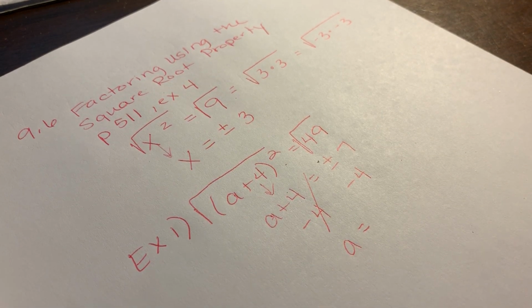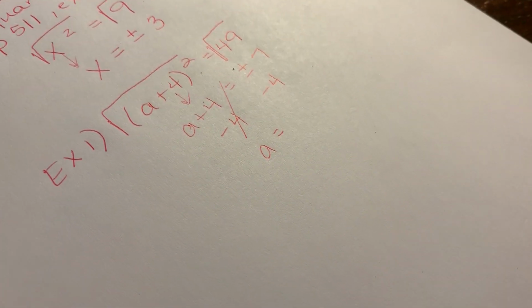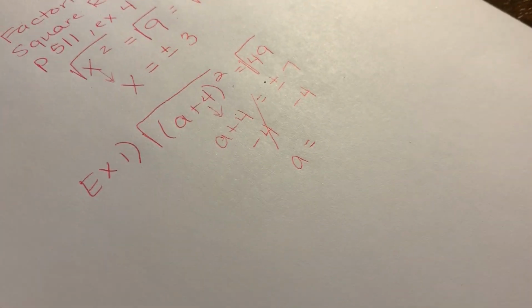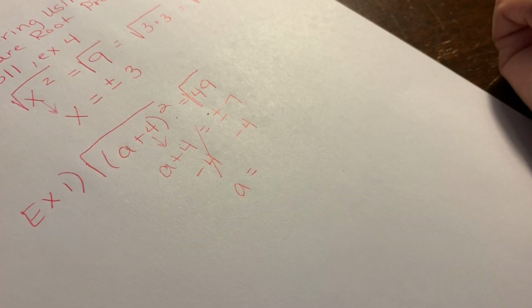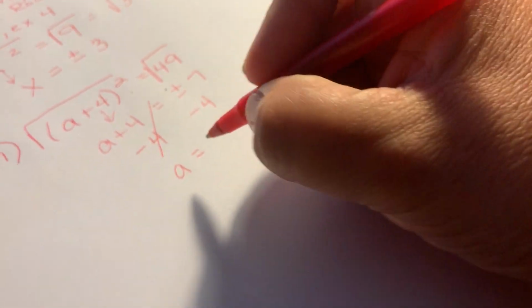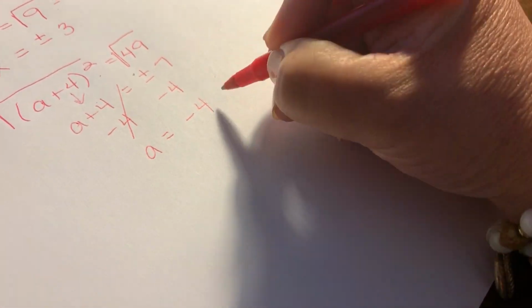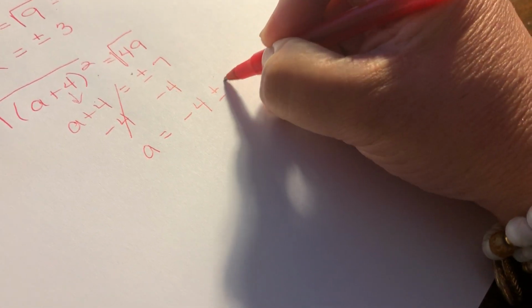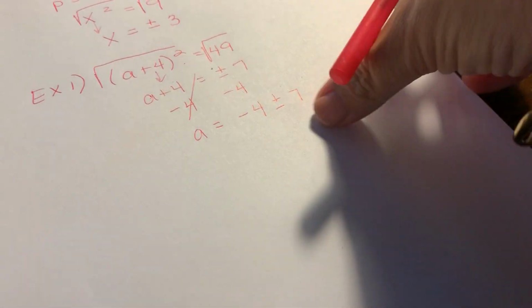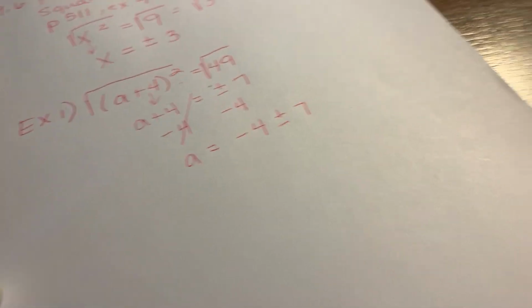Now this is important. People can do it their own way, but I only would suggest doing it this way. When we are doing this, I want you to write this number first: -4 plus minus 7. Excuse me for just a second, let me fix that.